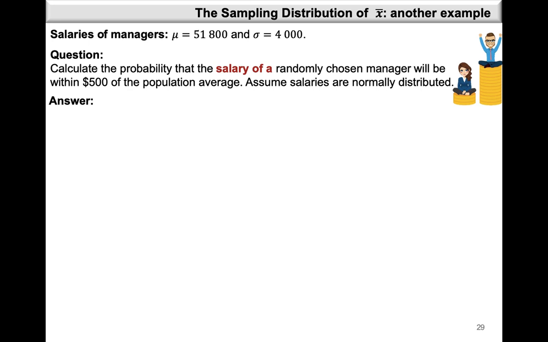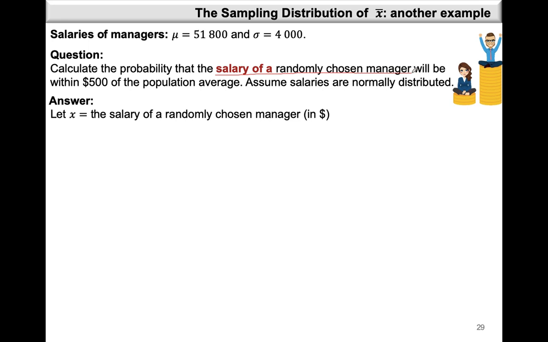Assume that salaries are normally distributed. So in this case, we're interested in the salary of a randomly chosen manager. So we can define our random variable X as the salary of a randomly chosen manager in dollars.